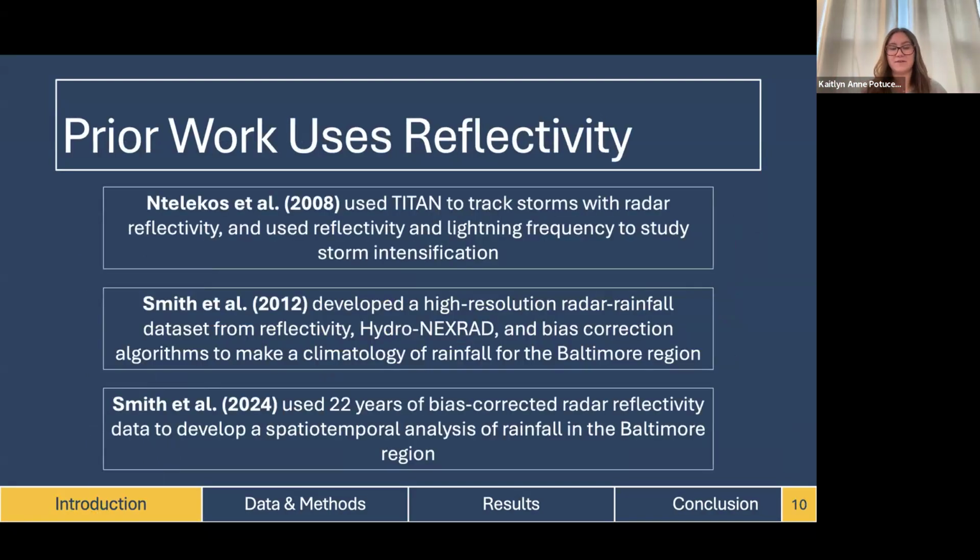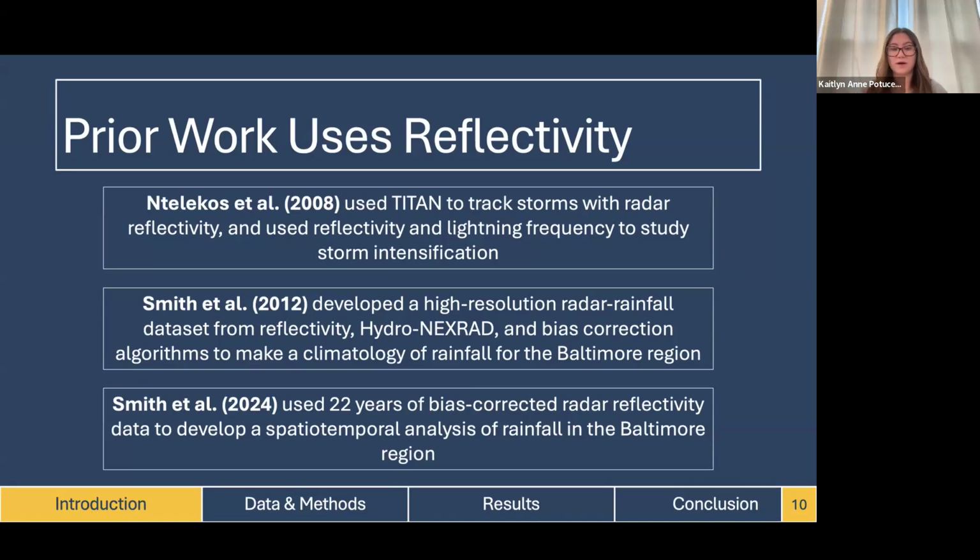There are many studies of rainfall in this region in the past 10 to 20 years that have used reflectivity to identify rainfall. Natelikos et al. in 2008 used Titan to track storms using reflectivity, and also used reflectivity in tandem with lightning frequency to study storm intensification as a thunderstorm interacted with the Chesapeake Bay.